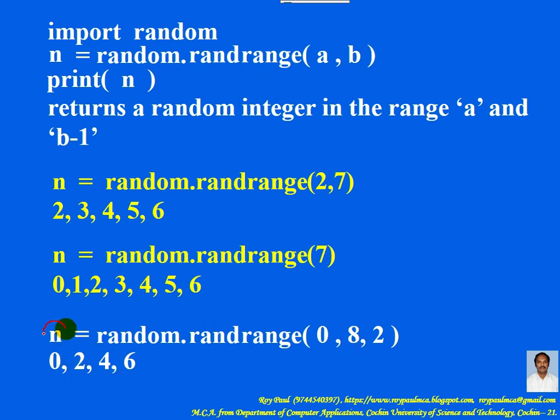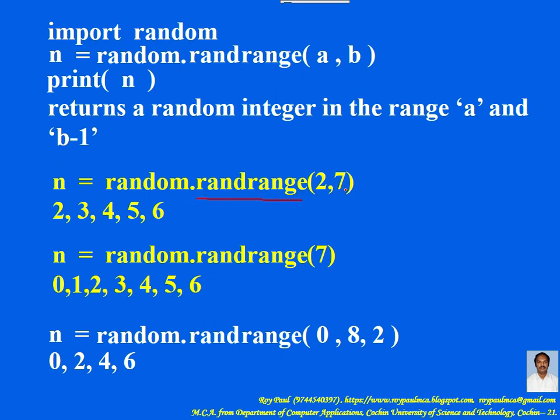So your n points to any of these integers. As I mentioned before, you cannot predict the exact integer that n points to because it is randomly generated. Hence, kindly make a note of this point.